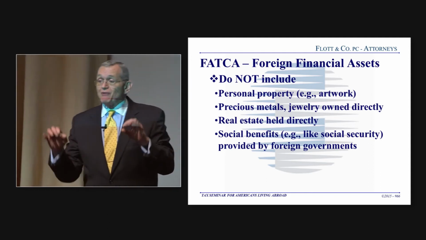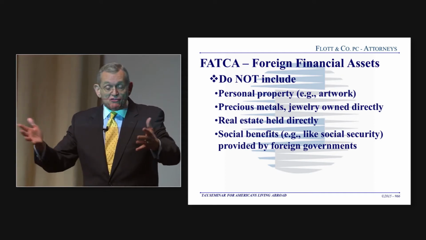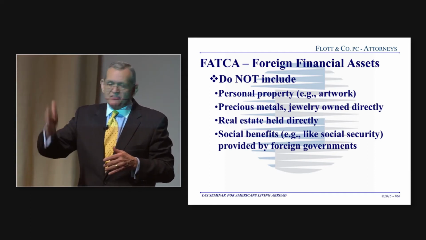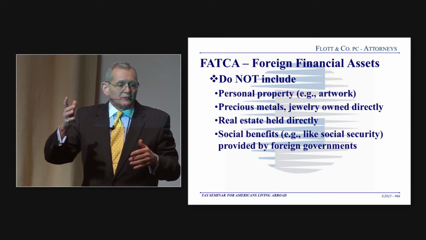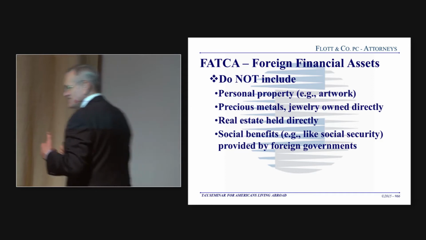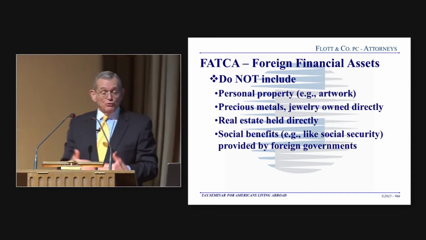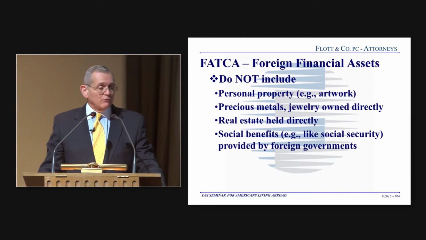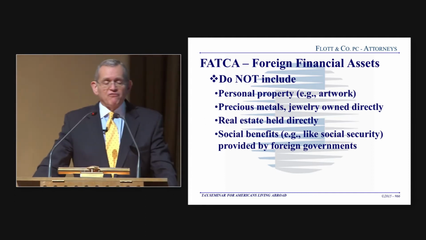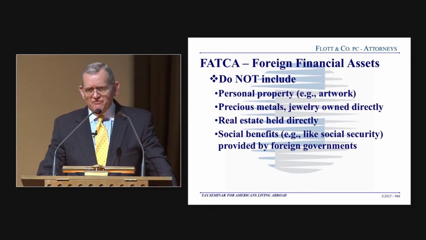If you and your friends own it personally, that is, you go in as a joint venture, for example, and we own it in the names of Yanni, Theodore, and Katrina, then that's not reportable. So any real estate you own personally in your own name, or jointly with others, is not reportable as a foreign financial asset. Social benefits provided by foreign governments are not considered foreign financial assets.